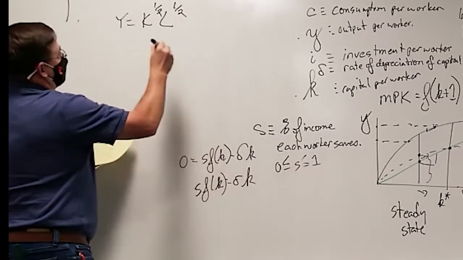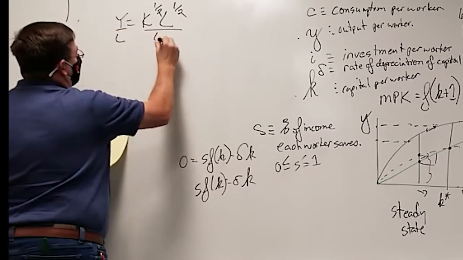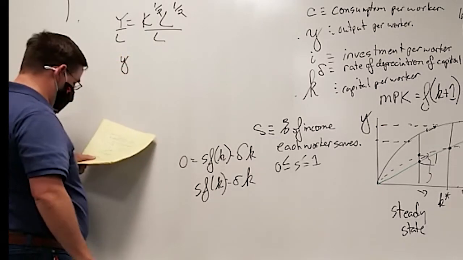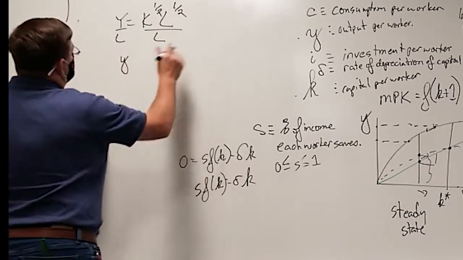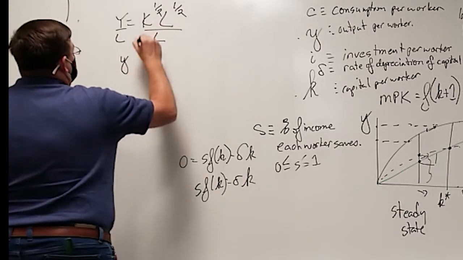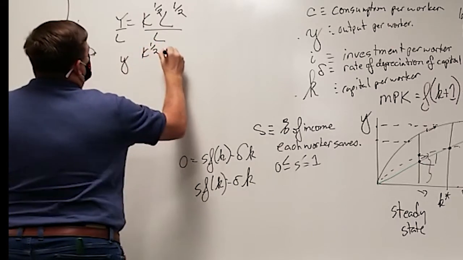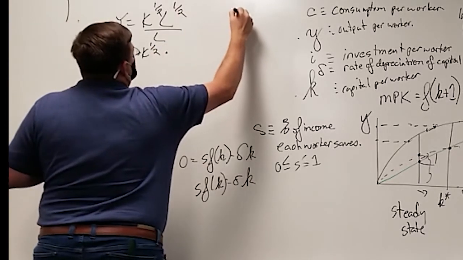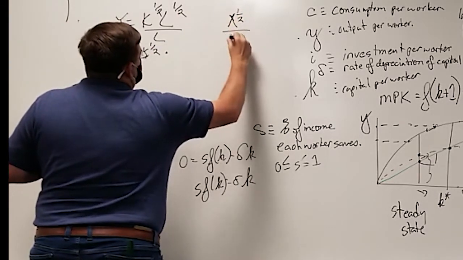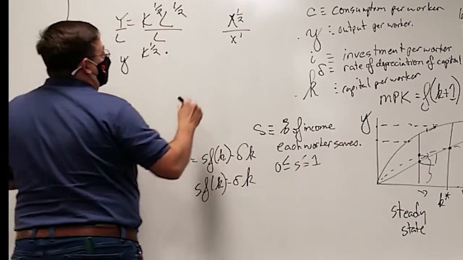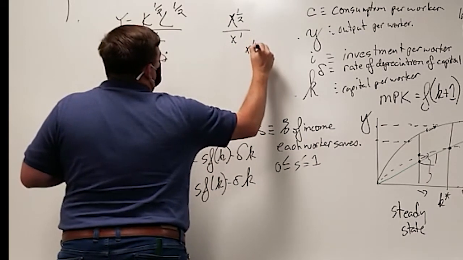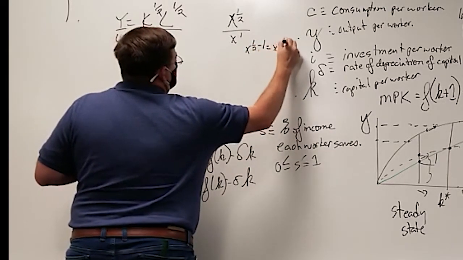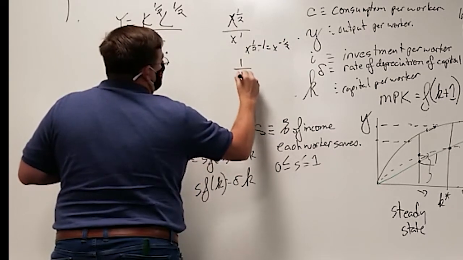We start by dividing both sides by labor the same way we did before. Y divided by L is going to give me little y. Then on the right-hand side, I'll have K to the 1/2 times L to the 1/2 divided by L. If you have x to the 1/2 power divided by x to the 1 power, that's equal to x to the 1/2 minus 1, or x to the negative 1/2, or simply 1 over x to the 1/2.